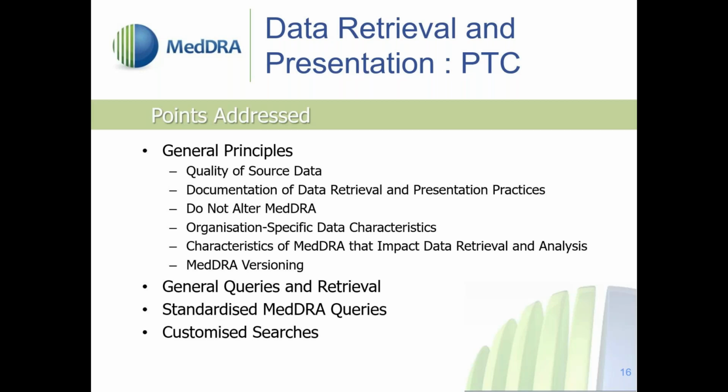You have the originally reported term or source data, your natural language term, and you have the coded data. So it is very important that source quality is carried through the coding process by consistent and appropriate term selection, as the coded data is the basis of data presentation, data retrieval, and data analysis output.